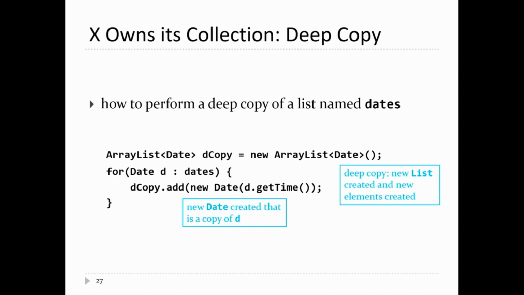So you could run into a situation where it's either very difficult to copy an object or impossible to actually know if you're copying an object unless you can see the source code. So you can't always make a deep copy, at least not easily. But if you can, then you're making new objects that you're adding to your new list.